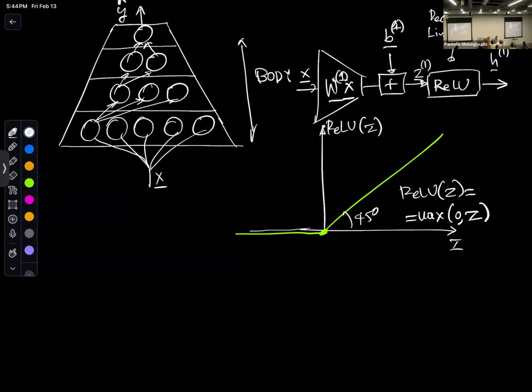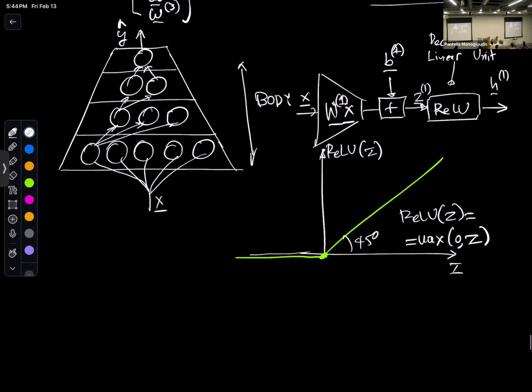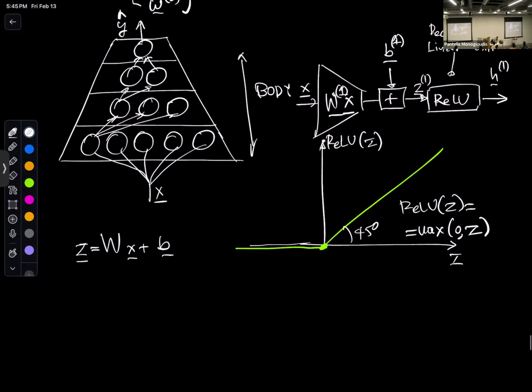And therefore, the equation of the forward pass, if I may call it that, the equations for the whole layer, is z is equal to Wx plus b. I'm not putting an underbar at the bottom of the matrices because it is already known that matrices are capital letters and they have multiple dimensions, so I don't have to overdo it. And then obviously h is equal to ReLU of z.